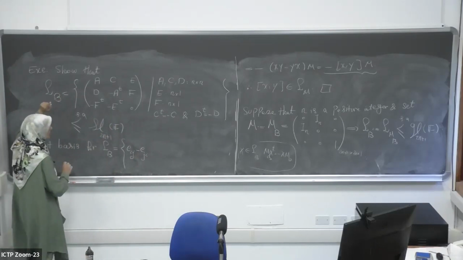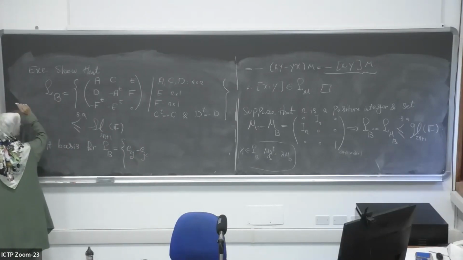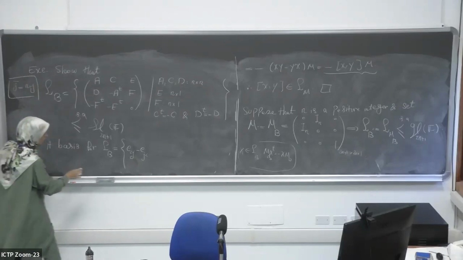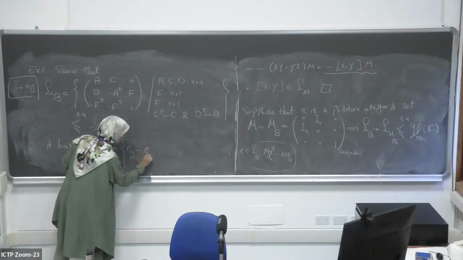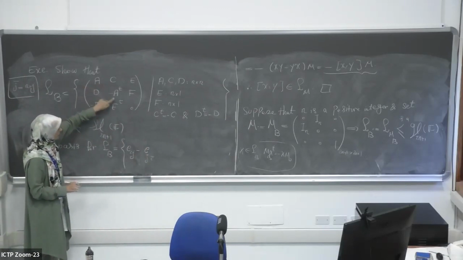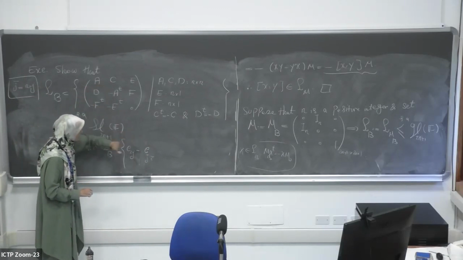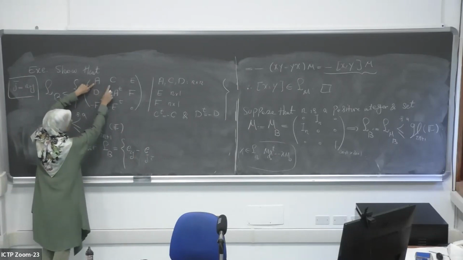Let's make some notation for simplicity. When I write j bar, I mean n plus j, just for simplicity. So E_ij minus E_{j bar i bar} form some elements of the basis corresponding to this A part.